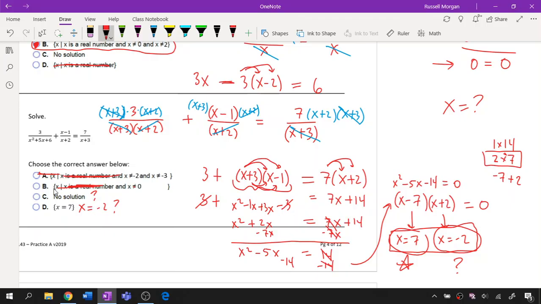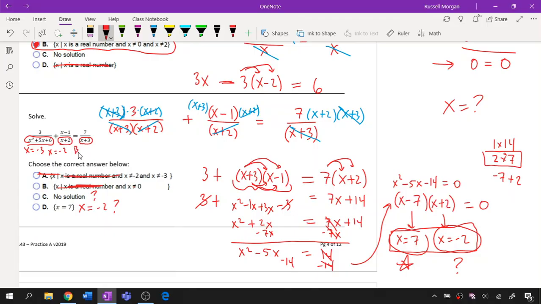Well, let's look up here. What would make a 0 on bottom of each of these things? Well, this first one, we actually had to factor it. So what would make a 0 on bottom? That would be when x is negative 3. Oh, that's why they mentioned negative 3 earlier. Or when x is negative 2. That would make that be a 0 because of the factors. In fact, wait, negative 2 would make a 0 on that bottom, and negative 3 would make a 0 on that bottom.